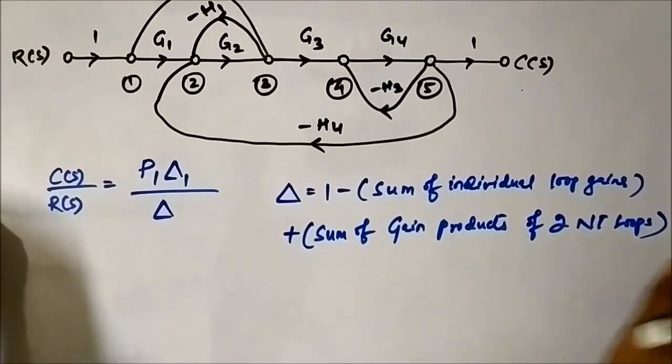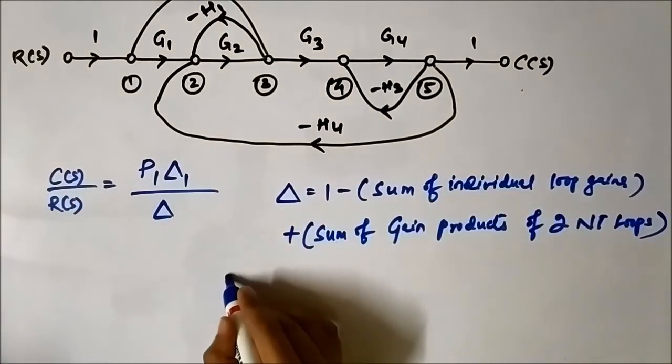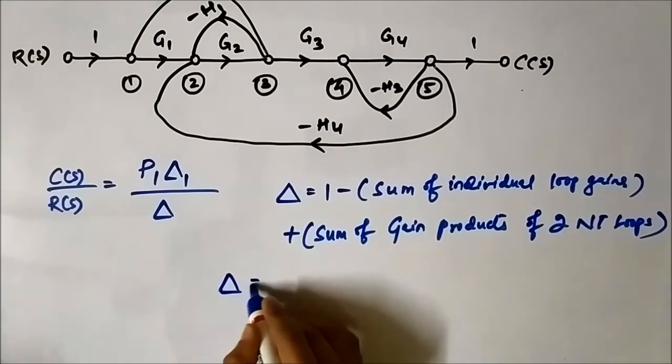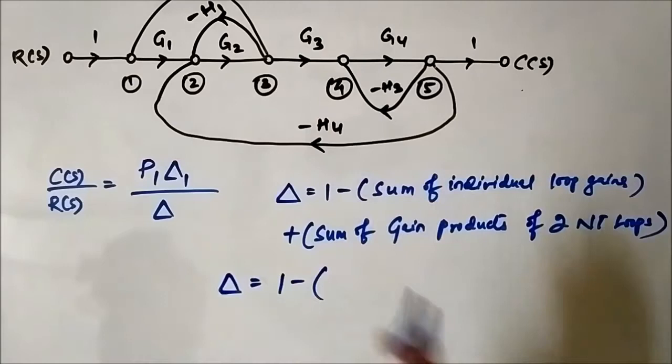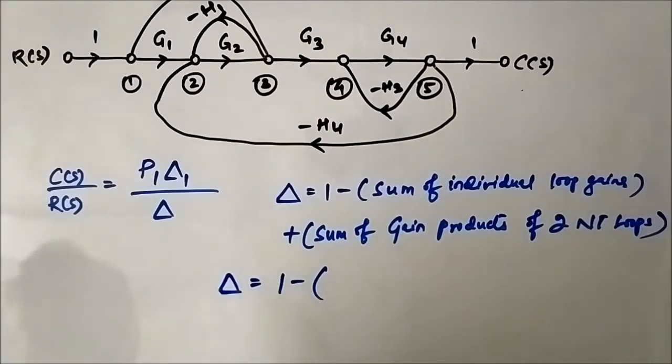So let us first determine the equation for delta. It will be 1 minus the sum of the individual loop gains that we just determined, that is L1 plus L2 plus L3 plus L4. You can rewind it, or if you have noted it down, then you can refer to it.